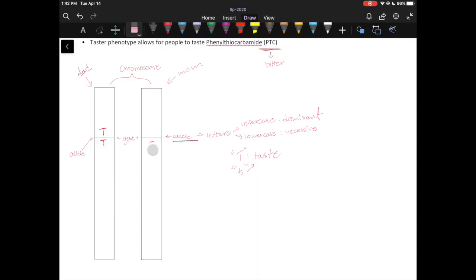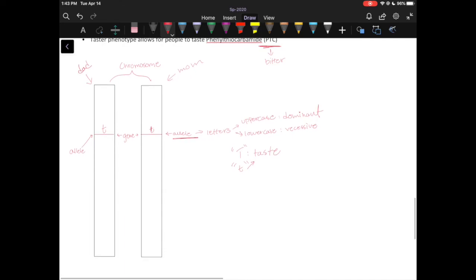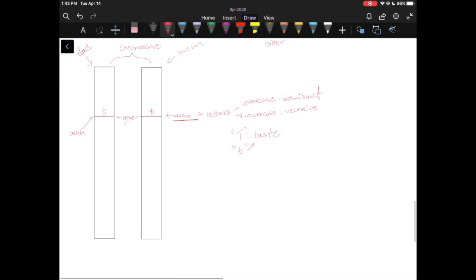So either one of those combinations will allow for someone to taste the PTC. But if someone was not able to taste the PTC, then they would have the recessive alleles, so lowercase t and another lowercase t.